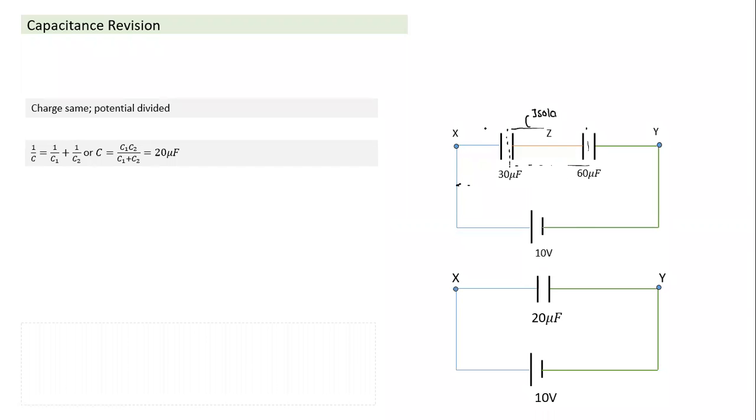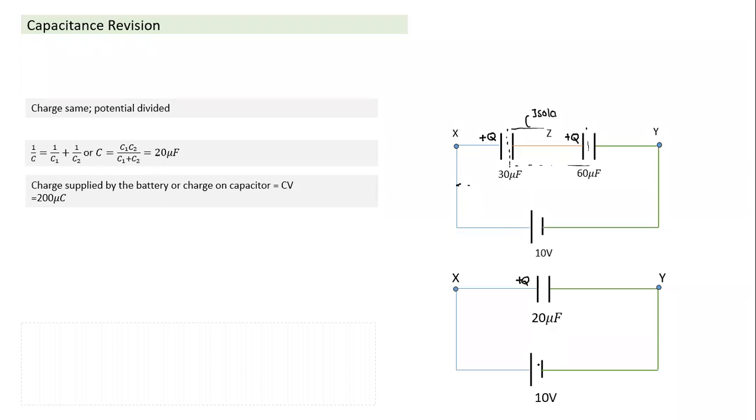These two capacitors connected between X and Y, I can replace with the equivalent capacitor. If the equivalent capacitor has charge Q, these two capacitors also will have the same charge as the equivalent capacitor. So if we find the charge on the equivalent capacitor, we find the charge on the multiple capacitors which are connected in series.